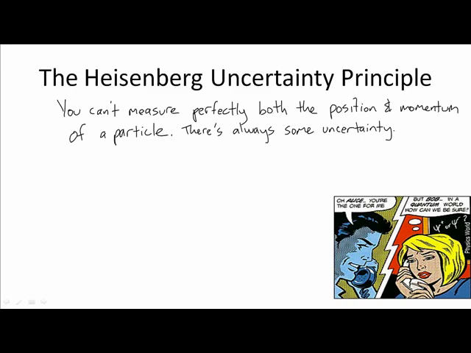Because you think of an object as being something that you can say, the object is right there, I can say where it's moving. But with electrons, with things that are really, really tiny, they don't actually behave that way anymore.